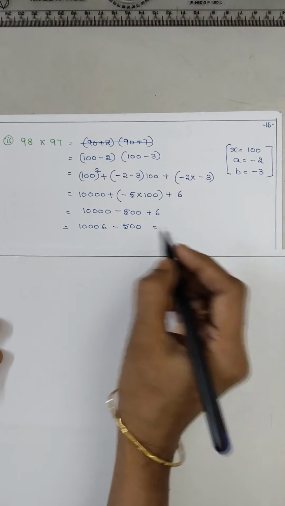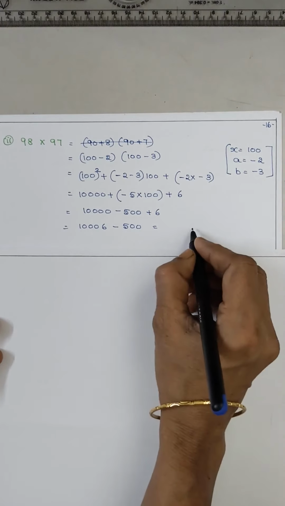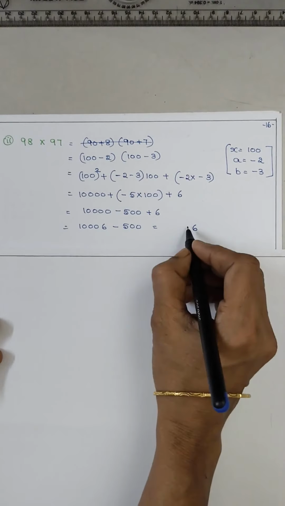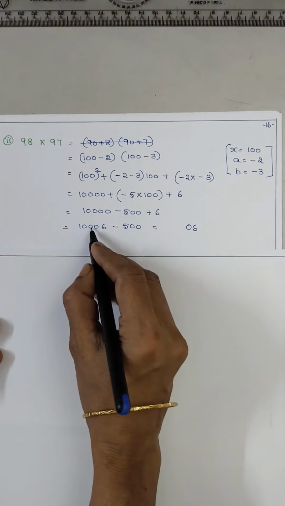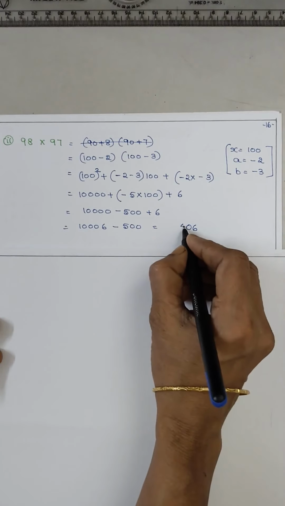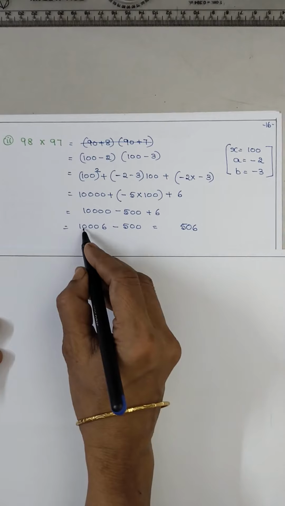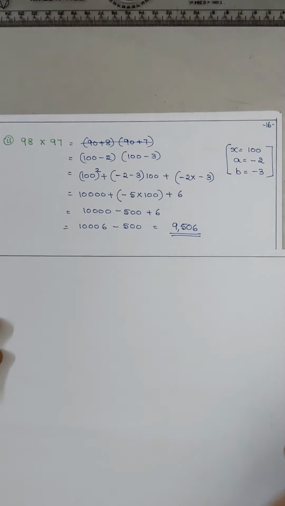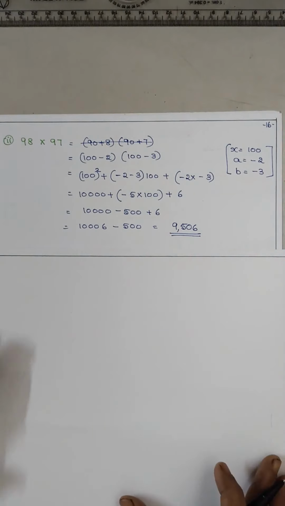The answer will be 6 minus 0, 6. Now 0 minus 0, 0. 0 minus 5 means 10 minus 5, 5. Now here it will be 9. The answer is 9506. So here you have to be careful in subtraction.